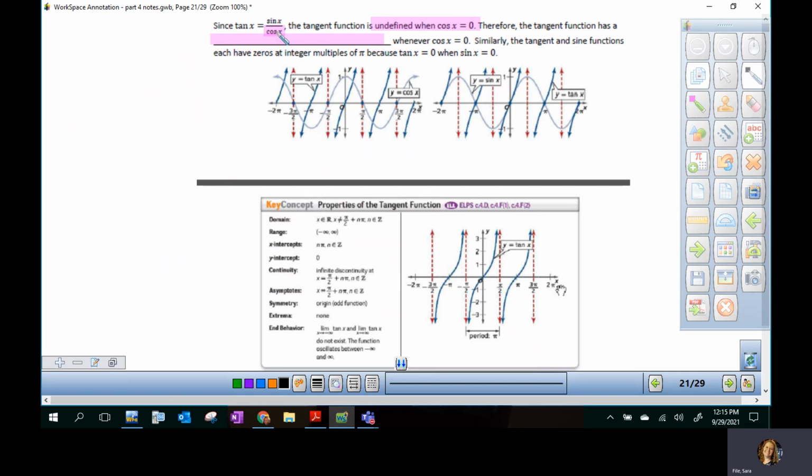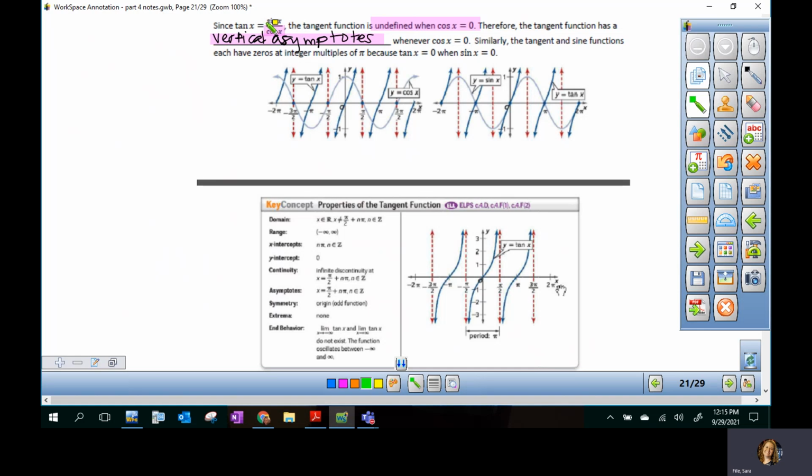So wherever cosine of x is equal to 0, there are going to be vertical asymptotes on the tangent graph. Now sine is the numerator. When your numerator is 0, that's okay. What's 0 divided by anything? So when sine of x is 0, tangent of x will be 0 also.